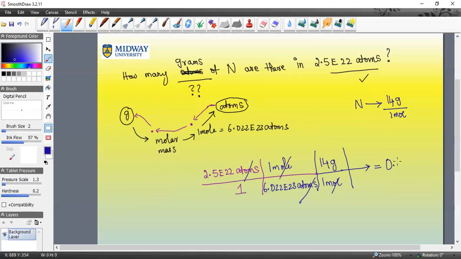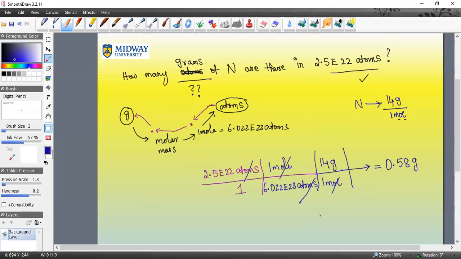So do you see this? Does the math make sense? Okay, 14 grams of nitrogen would contain 6.022 times 10 to the 23 atoms, right? But 0.58 grams only contains that much of it, right? So the less you take, the fewer atoms you will have, right?